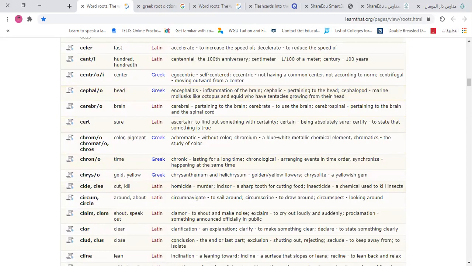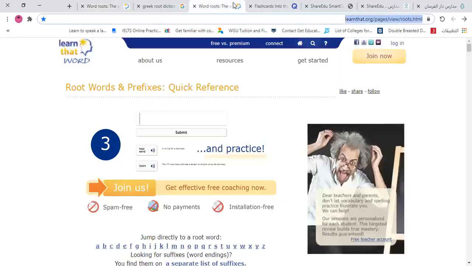Chronological means arranging events in time order. So when I add chron to anything, it relates to time. Chron means time. Hydro means water. Arc means ancient or old. So this is the meaning of the Greek roots.